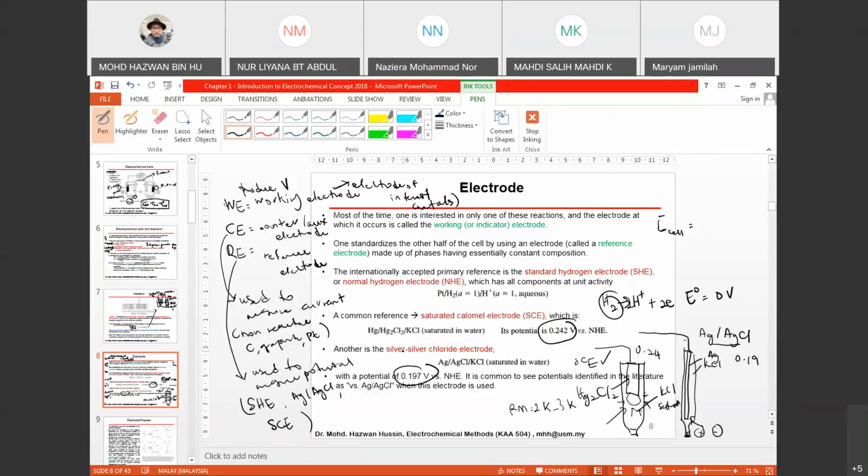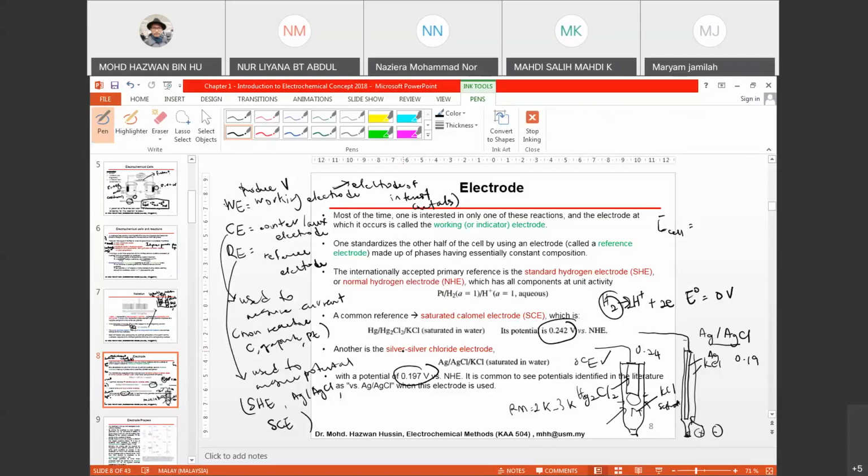The reason is that when hydrogen gas is inserted into the electrode continuously, the measurement will be more accurate because the reduction process will occur continuously. Not like the normal hydrogen electrode, where the hydrogen gas is trapped there.